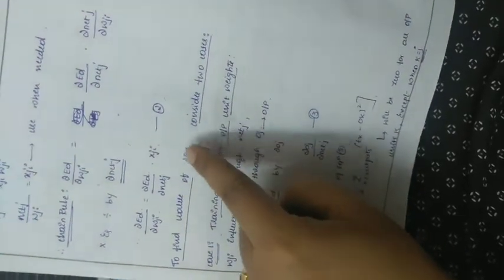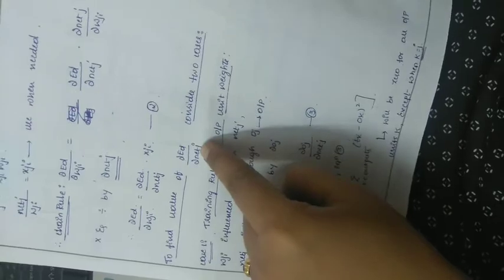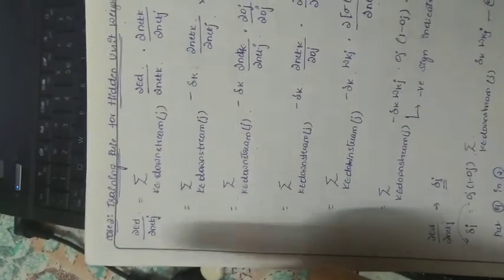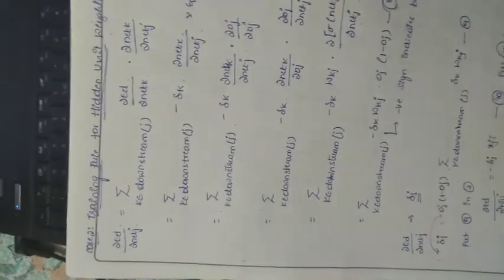Now we have to consider the second case, find the value of delta Ed by delta net J, and substitute it into equations 2 and 1 in order to get the value of delta Wji.